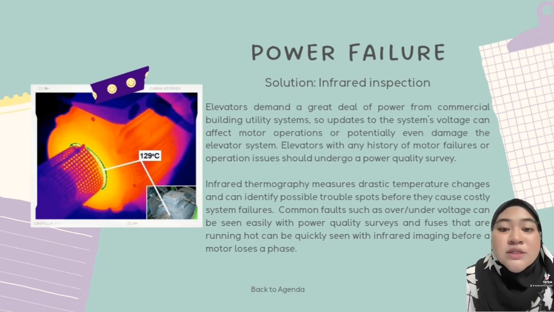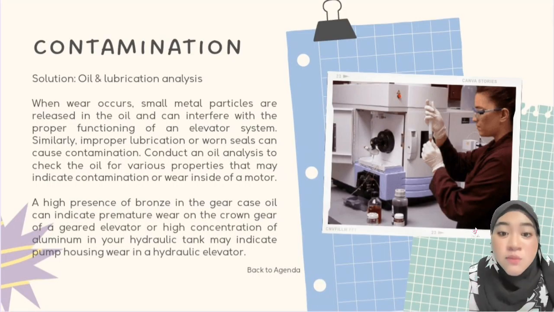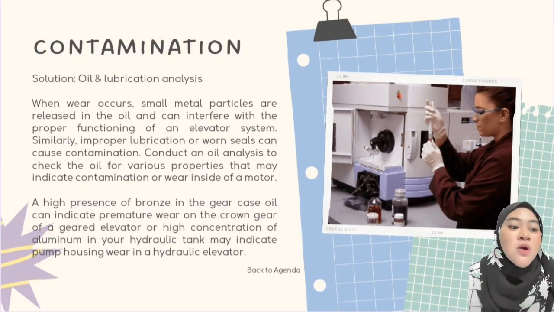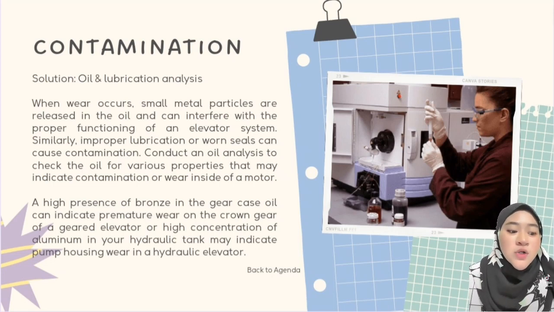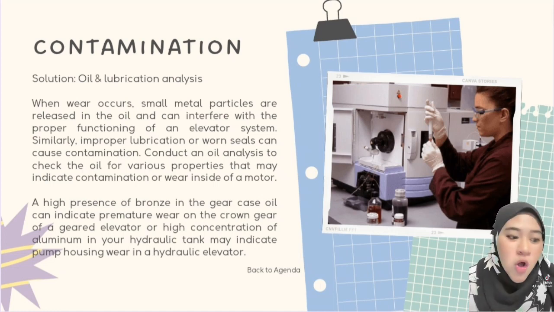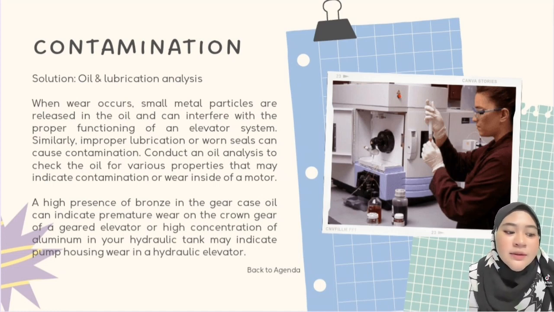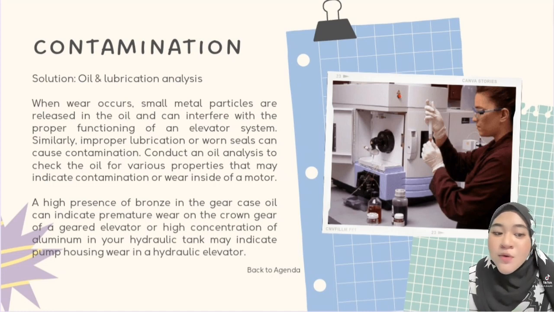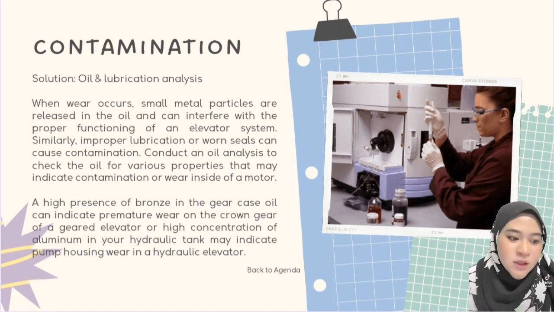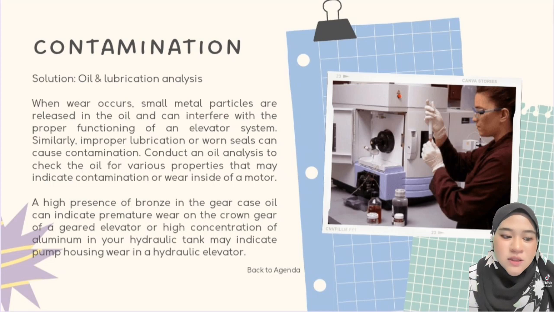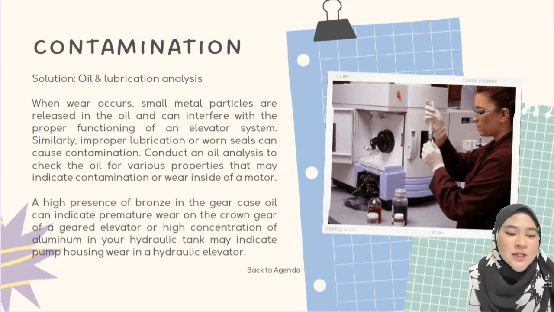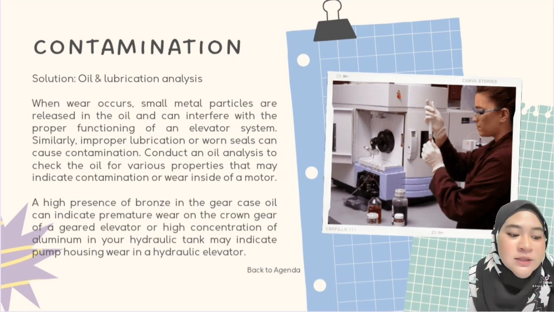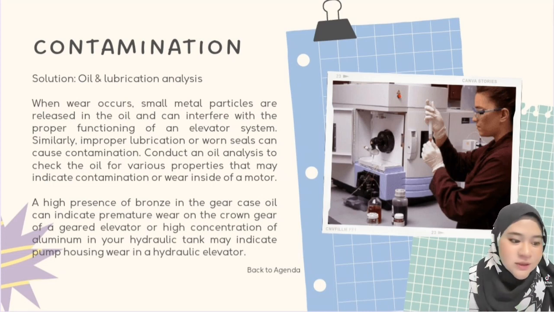The last common problem with elevators is contamination, where crude or small matter particles are released in the oil and can affect the proper function of the elevator system. Similarly, improper lubricant or windshield can cause contamination.